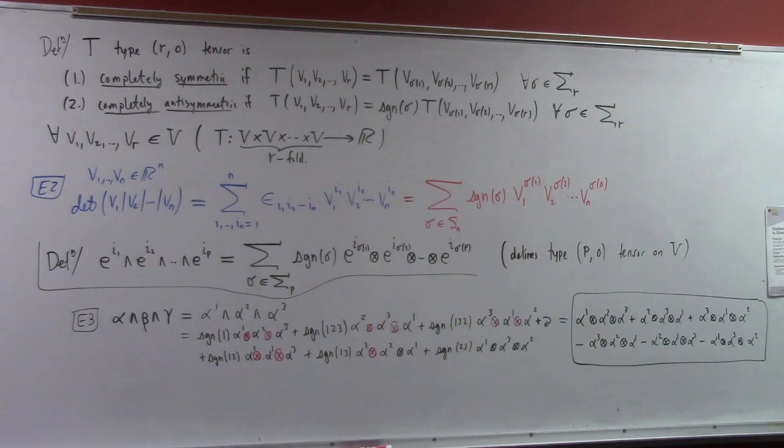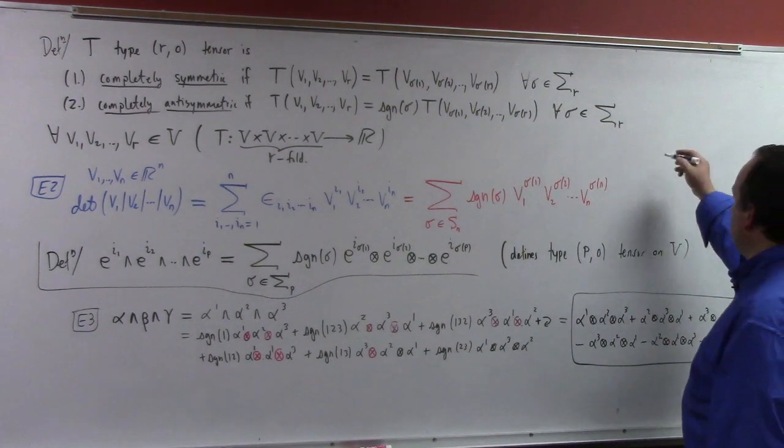So you could write the formula for the wedge product in terms of the antisymmetric symbol on three things. I could write this with an epsilon ijk formula if I wanted to. If I don't like permutations, I could just as well express it like this.